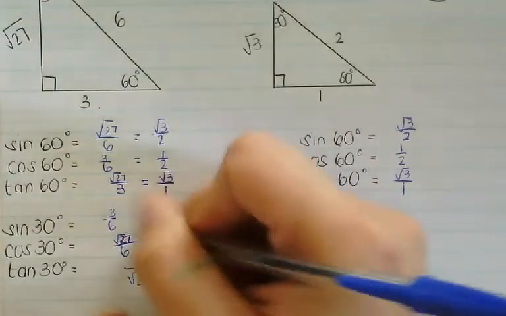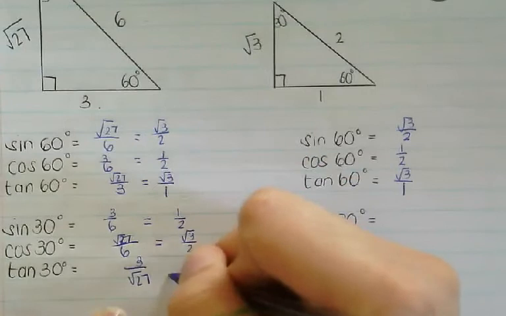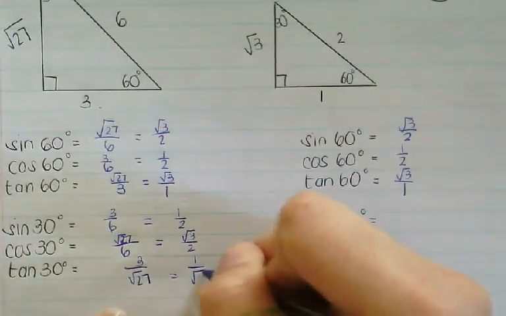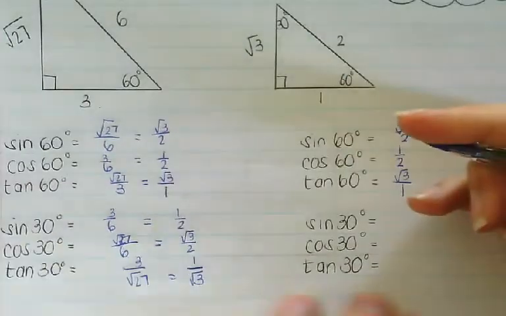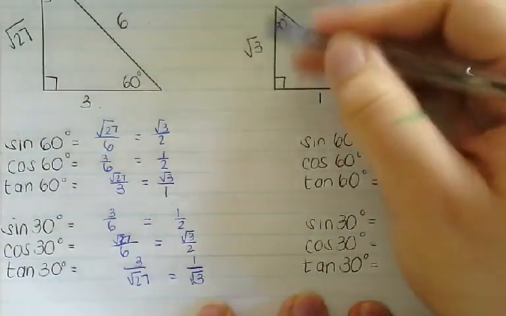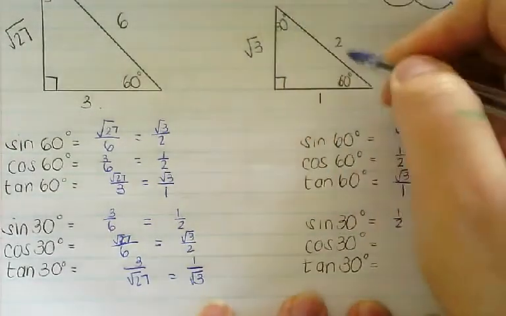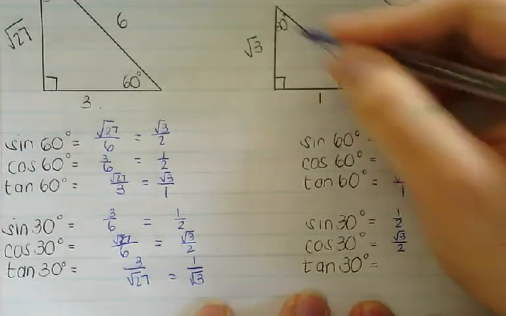Your calculator is how I checked it: square root 3 over 2 and 1 over square root 3. Checking in my other triangle, from the 30 as my reference: opposite over hypotenuse, adjacent over hypotenuse, and opposite over adjacent.